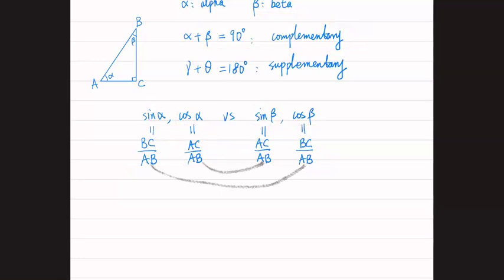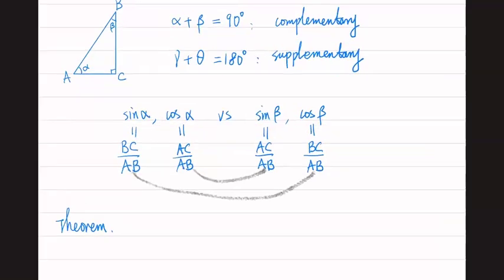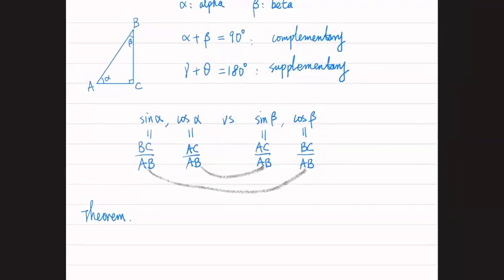Okay, theorem. Sine of 90 degrees minus alpha.